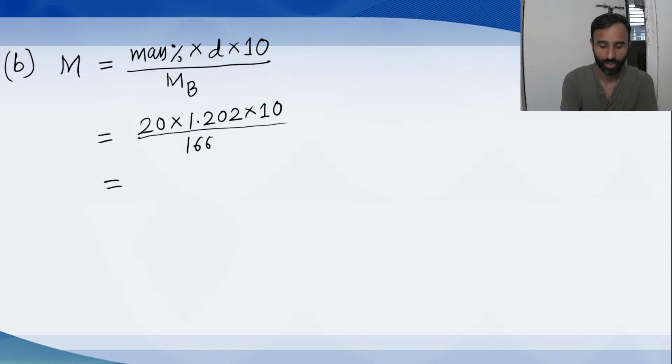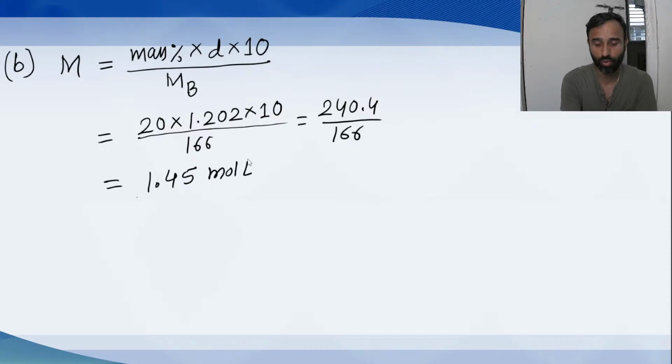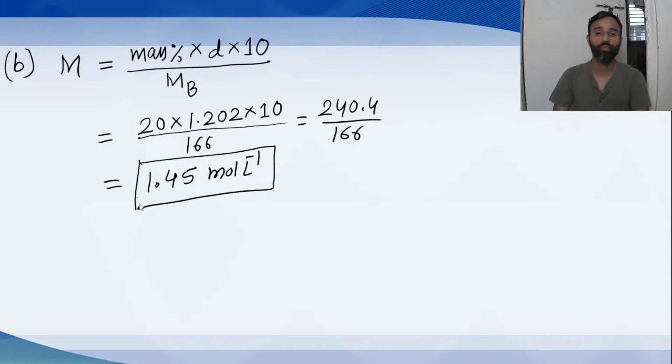So it is 20 into 1.202 into 10, so 240.4 over 166. It is 1.45, and its unit is mole per liter. So molarity of the solution comes out to be 1.45 mole per liter.